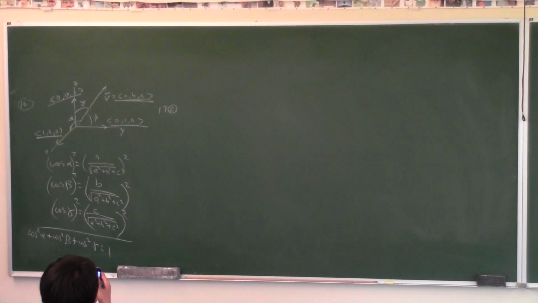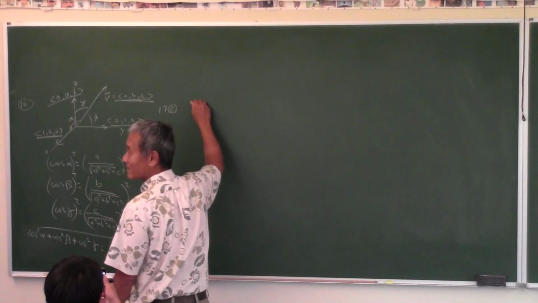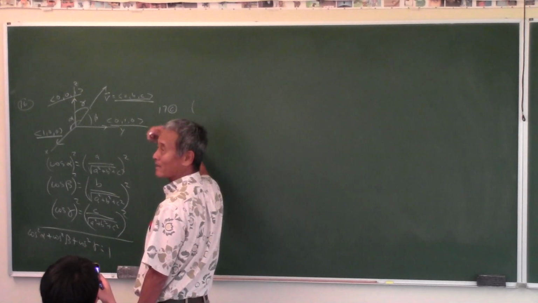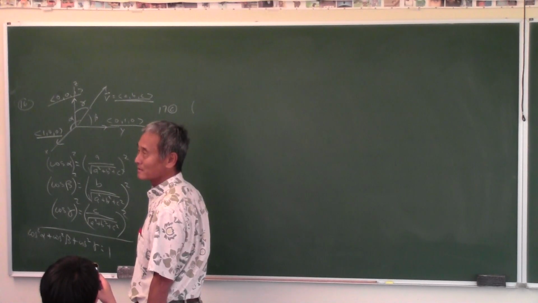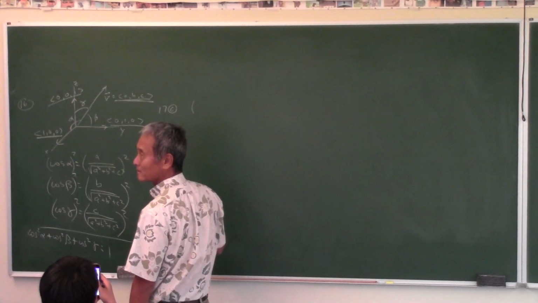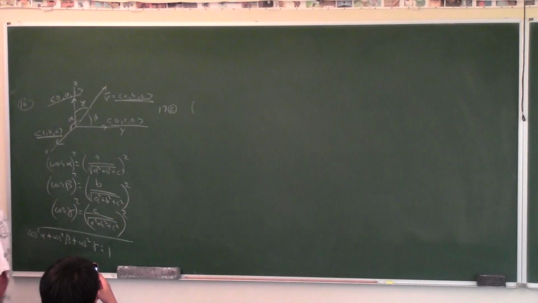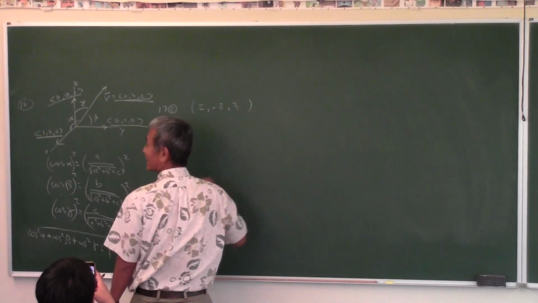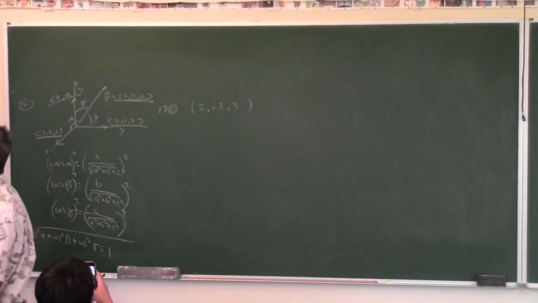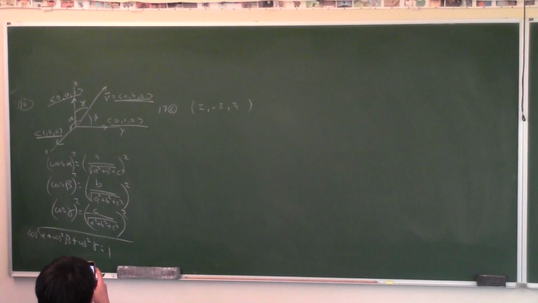Write the equation of the line that contains the point (2, -2, 3) and is perpendicular to the XZ plane.